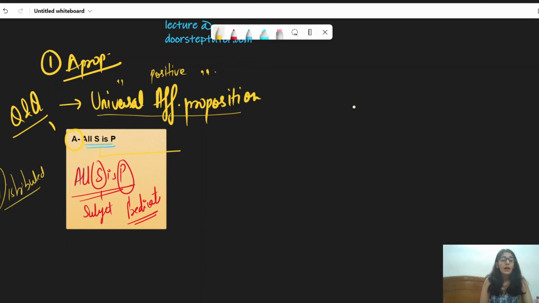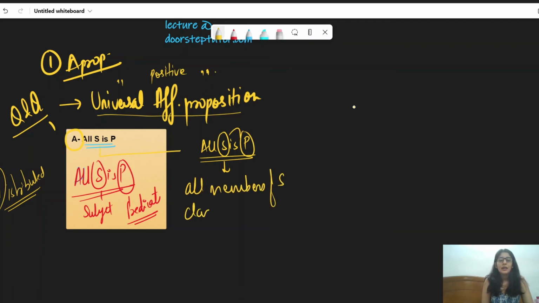When I'm saying All S is P, what am I saying here? I'm simply saying that all members of the S class are also members of the P class.